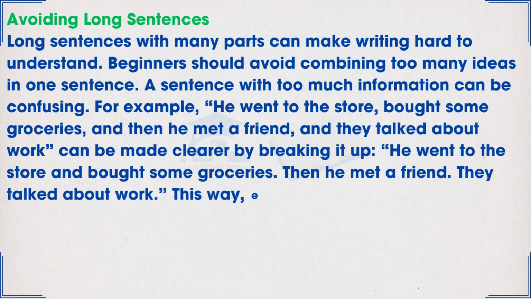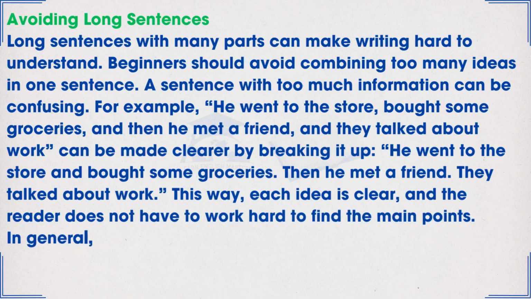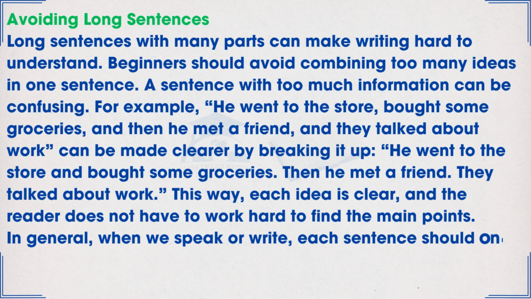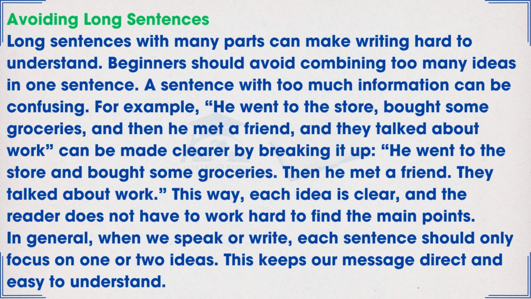This way, each idea is clear, and the reader does not have to work hard to find the main points. In general, when we speak or write, each sentence should only focus on one or two ideas. This keeps our message direct and easy to understand.